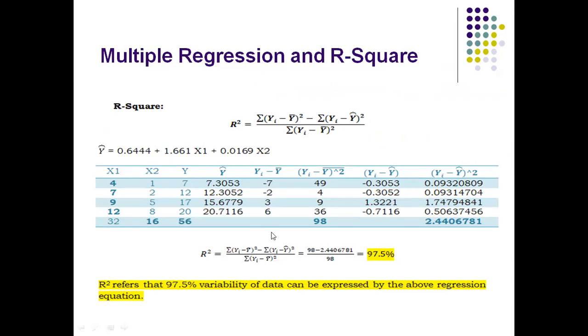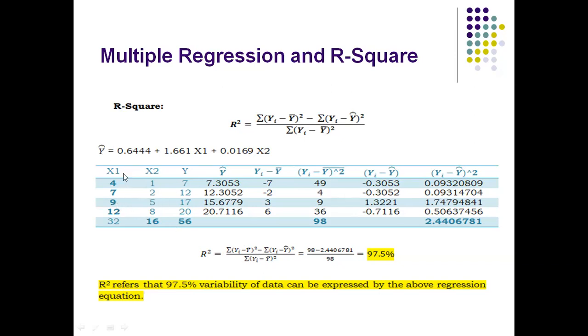This is basically 1 minus SSE divided by SST, because R square is equal to SSR divided by SST. So SSR is equal to SST minus SSE. This is SST minus SSE divided by SST, so 1 minus SSE by SST. So this is the expression of this y hat.